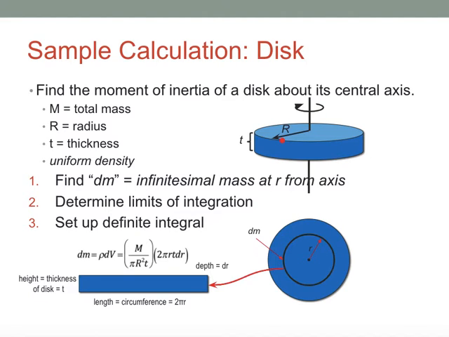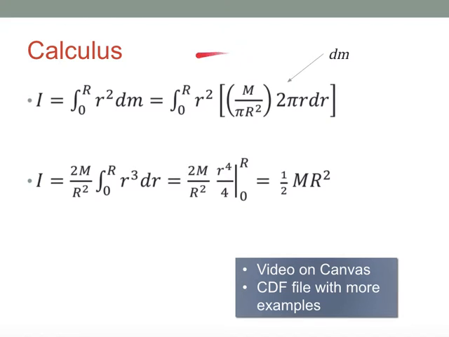And then the volume of this little sliver is basically its length, which is 2 pi r, the circumference of it when it was wound up as a circle, times its thickness, t, times its depth, dr. So now we have a value for dm. It's the total mass divided by the total volume times the volume of this little piece. Limits of integration will just be from 0, the center of the disk, all the way out to the edge.